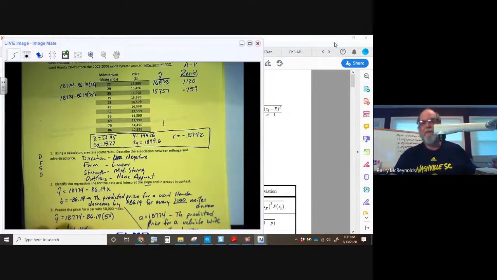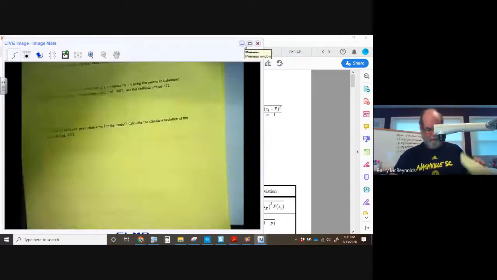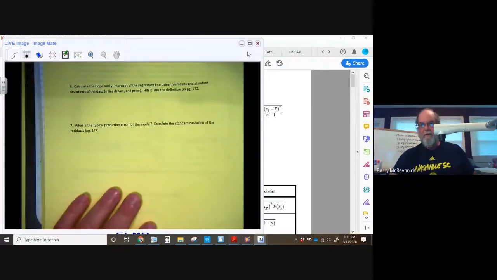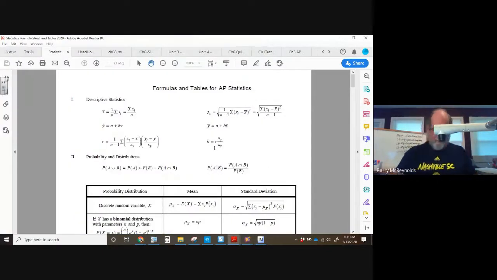I think you can do this with a 4-function calculator, and so that's what we'll do here, and we'll need these formulas. So the first formula is Y bar equals A plus B times X bar, and we'll need the value of B, which is equal to R times SY over SX, okay?